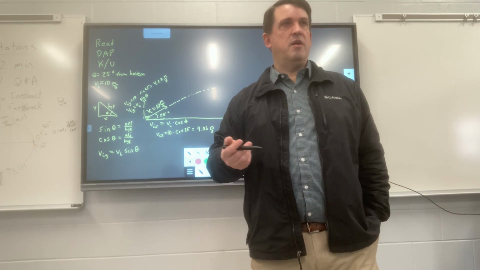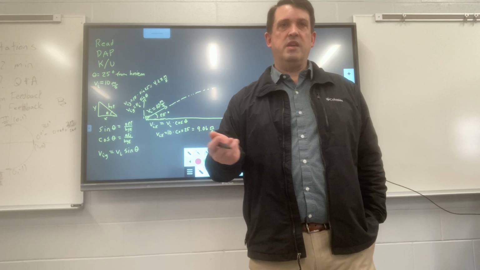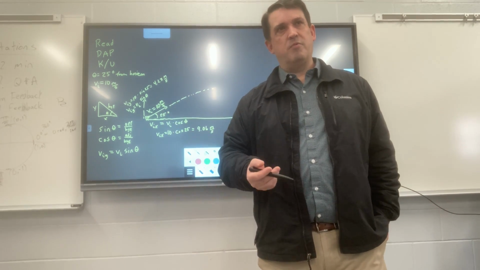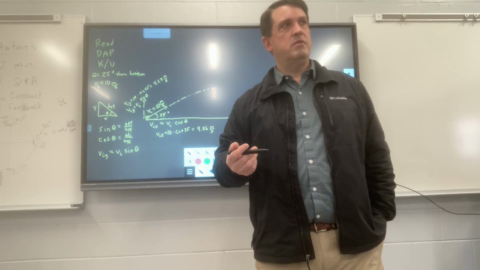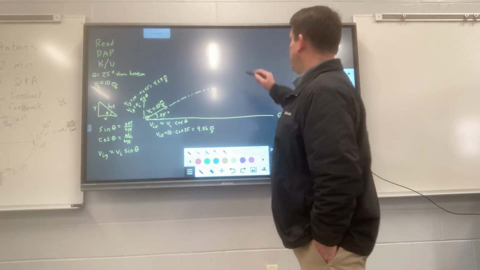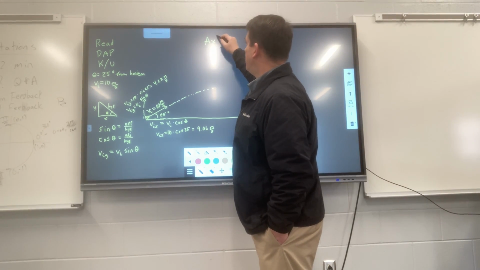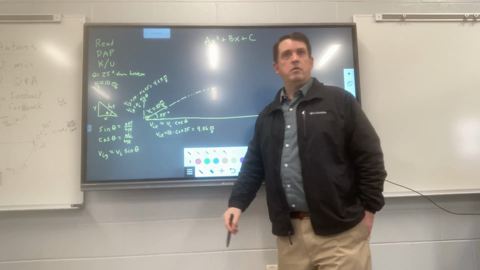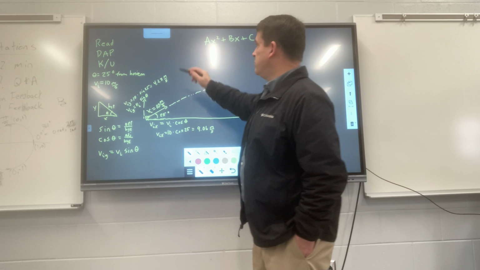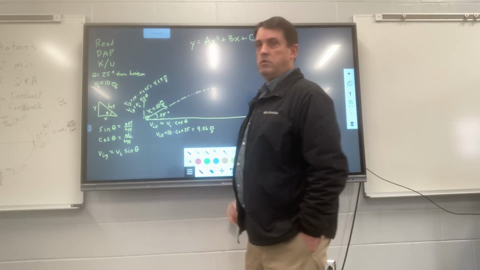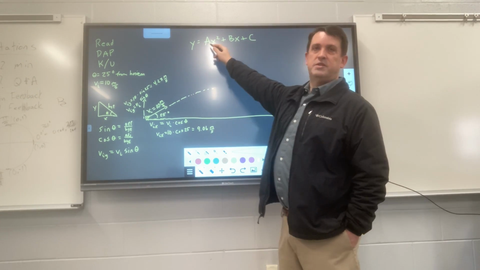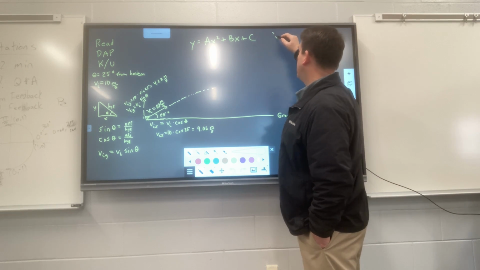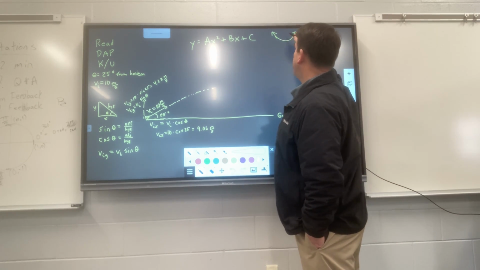And if you look up projectile motion, you usually remember the ax squared plus bx plus c, right? You ever graph that, y equals? The thing though is if A is positive, it's going to look like this. If A is greater than 0.